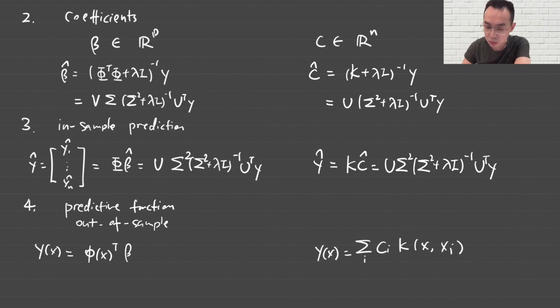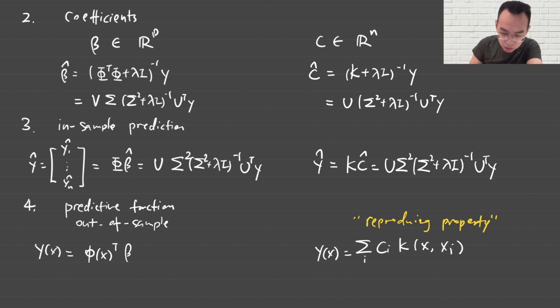And this formula works because of the reproducing property of the kernel. Now we can show these two results equal each other. We just bring out our old friend SVD.